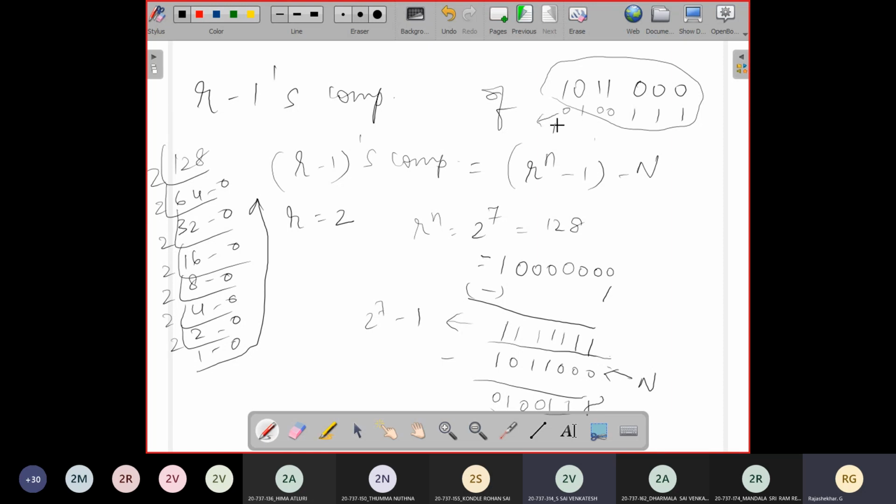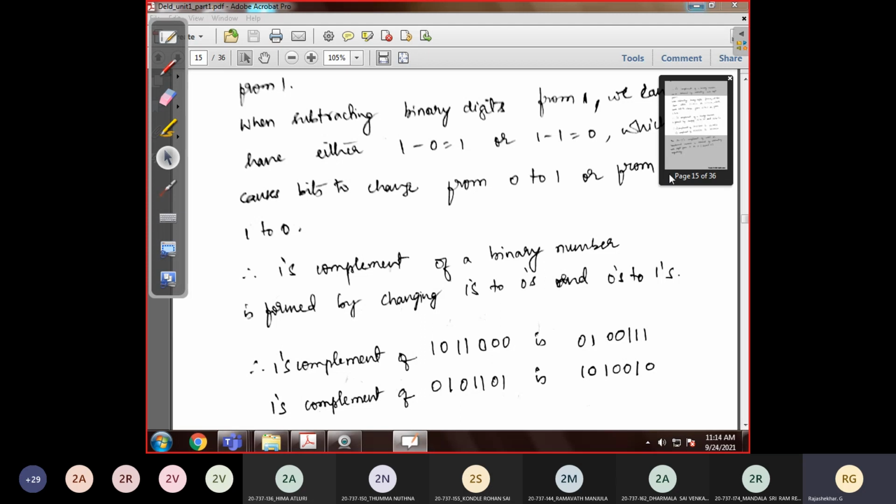So this is the method by definition, and here we are doing it directly. Am I clear? Now, going further.